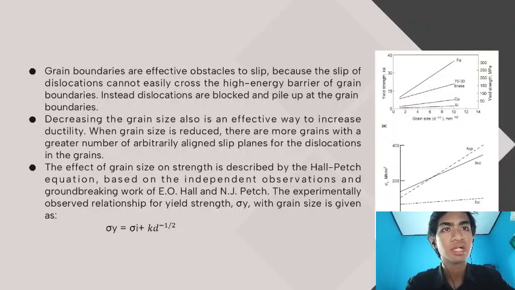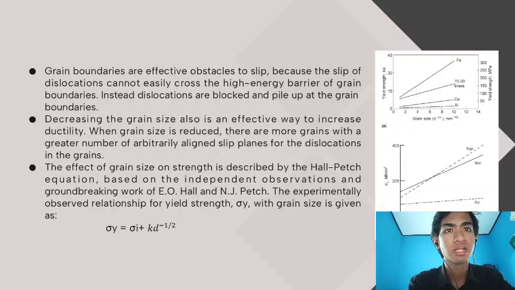Decreasing the grain size also is an effective way to increase ductility. When grain size is reduced, there are more grains with a greater number of favorably aligned slip planes for the dislocations in the grain. This provides more opportunity for some slip to occur in a stressed material.